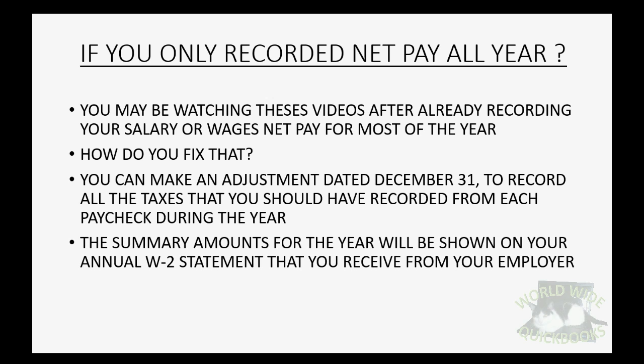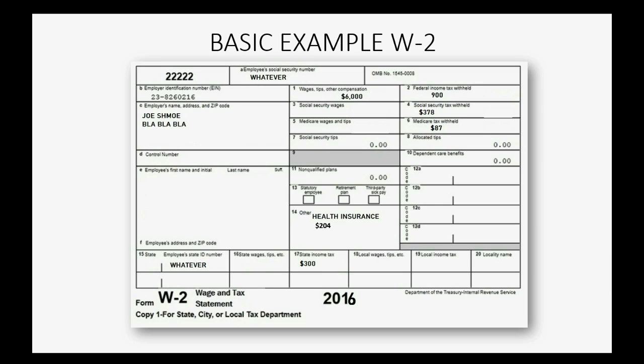The summary amounts for all year long, for all your taxes, will be shown on your annual W-2 statement that you receive from your employer after year end. So here's a basic example of a W-2, and I put in the numbers that we're working with in this course.